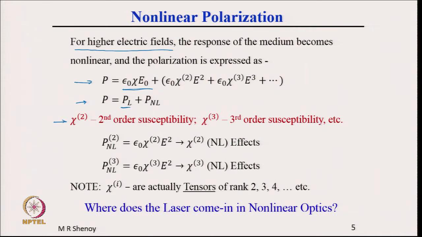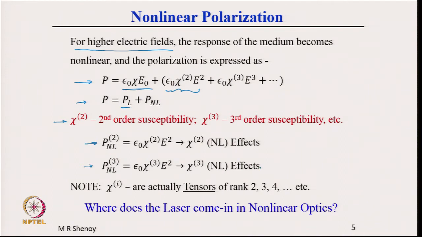Chi 2 is called the second order susceptibility, chi 3 the third order susceptibility, and so on. Similarly, the second order polarization term, which comprises epsilon 0 chi 2 into E square, gives rise to chi 2 nonlinear effects, and the third order term gives rise to chi 3 nonlinear effects.